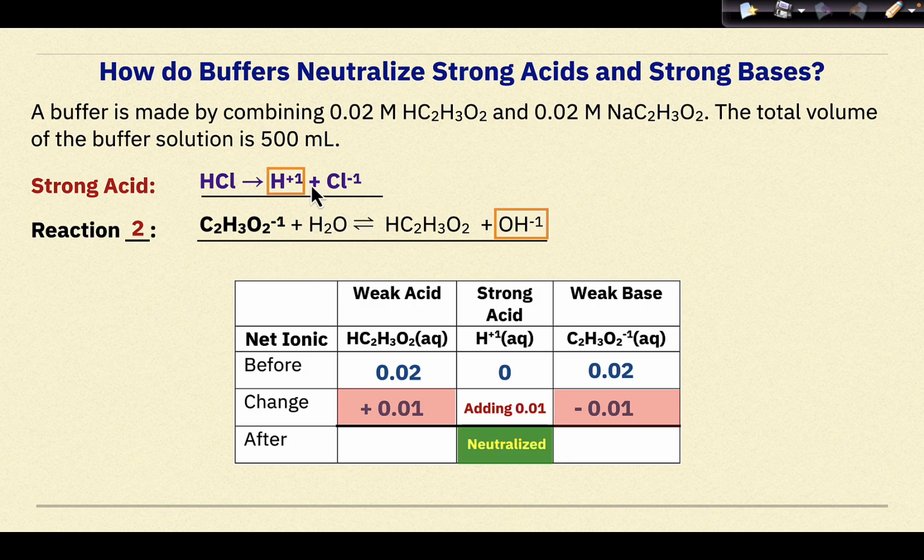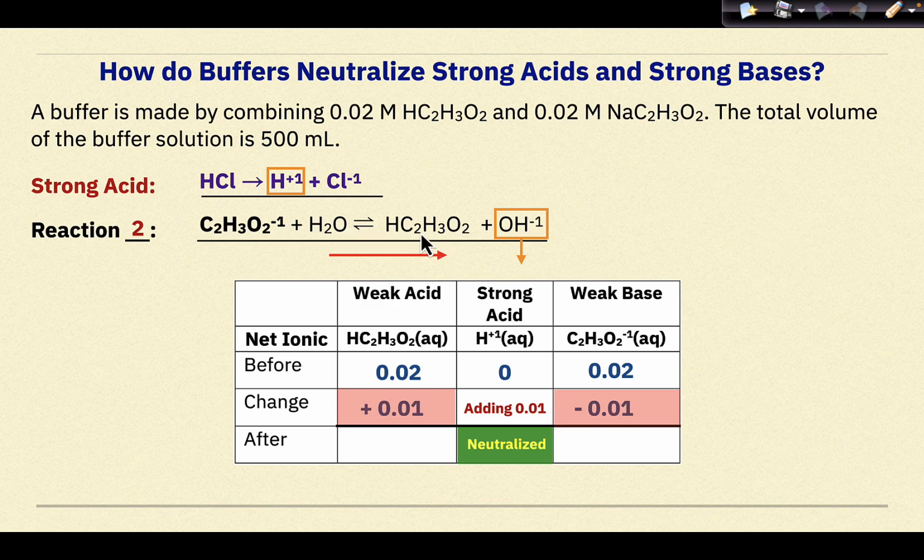As a result, the hydrogen ions from the strong acid are neutralized by the hydroxide ions produced by the weak base. This reduces the amount of hydroxide ions in solution.